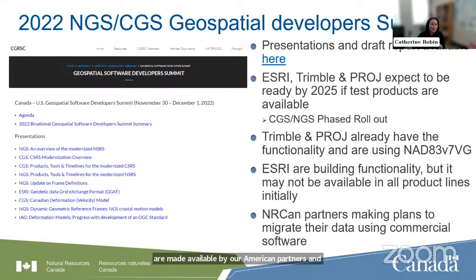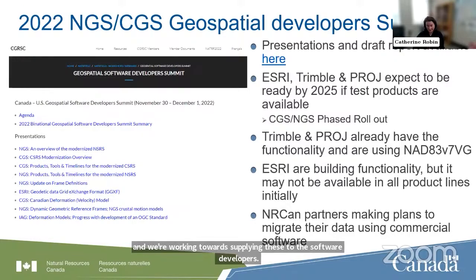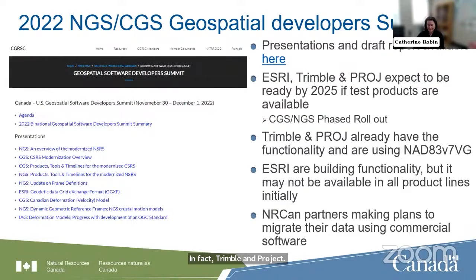So we have been working with our US partners to develop a phased rollout plan of a geoid model alpha version and beta version, and we're working towards supplying these to the software developers. In fact, Trimble and Proj already have that functionality and are already using the NAD83 velocity grid. Esri is building the functionality, but flagged that it might not be available in all the product lines initially.